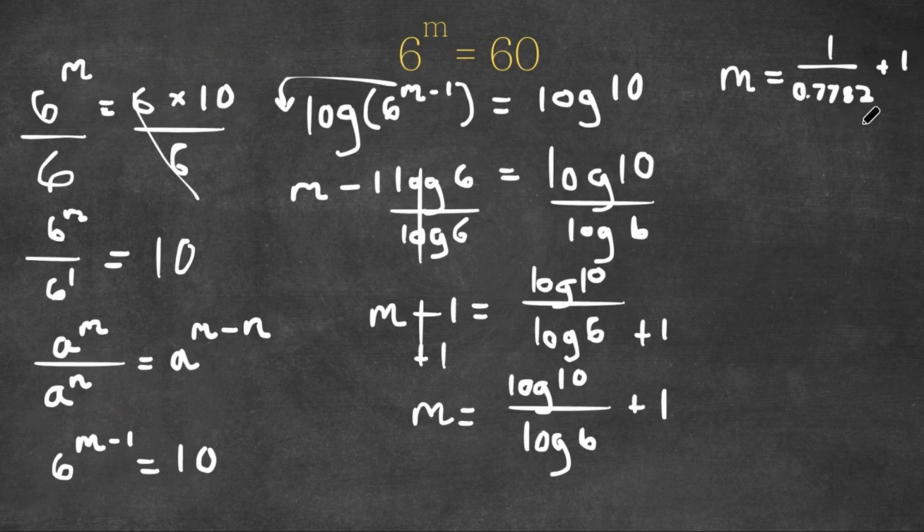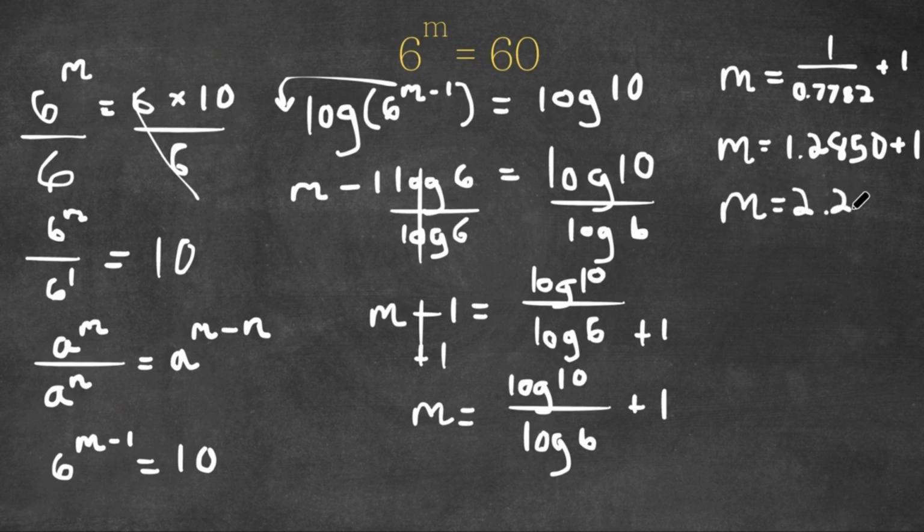Now 1 over 0.7782 is approximately equal to 1.2850. Now we have plus 1. So now m is equal to 2.2850. So this is our answer.